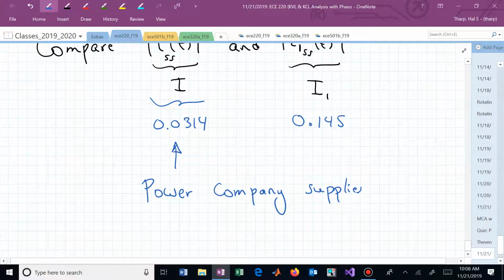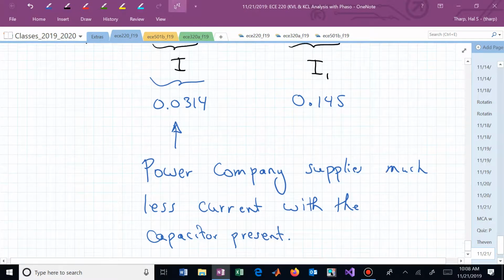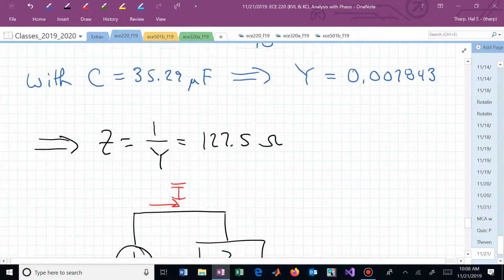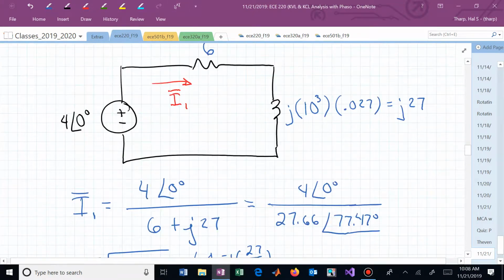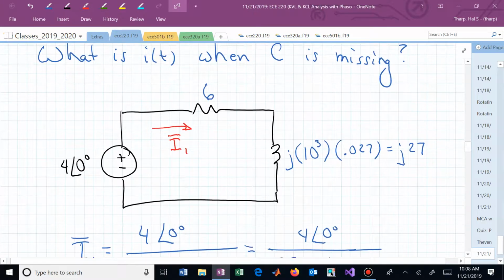So the power company supplies much less current when we have the capacitor introduced. And we were now thinking, so now up here, we have a lot less current amplitude than what we had here. And that's a good thing.